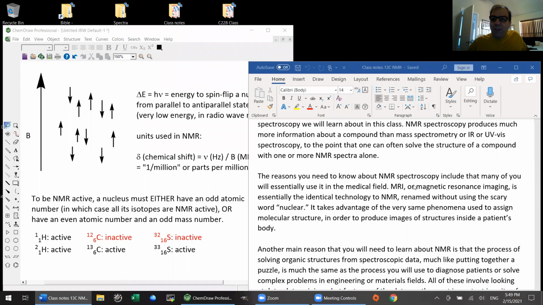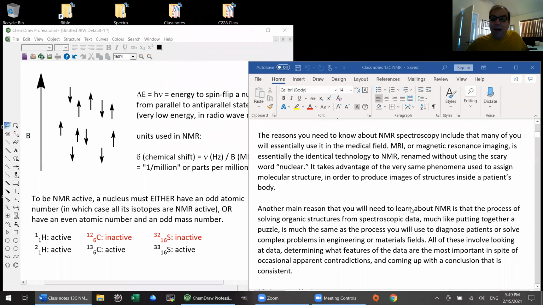It's just, as you can imagine, they didn't want to use this scary word nuclear in something that's going to be used in medical imaging, so that's why they called it magnetic resonance imaging. But they both use the same type of phenomenon at the level of atomic nuclei.